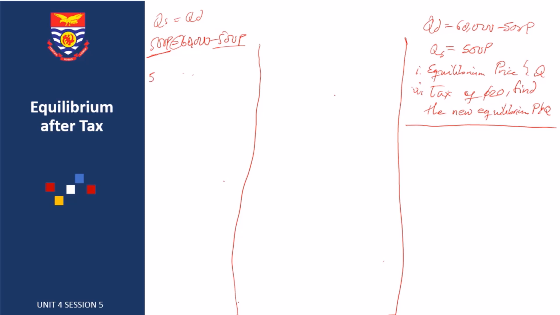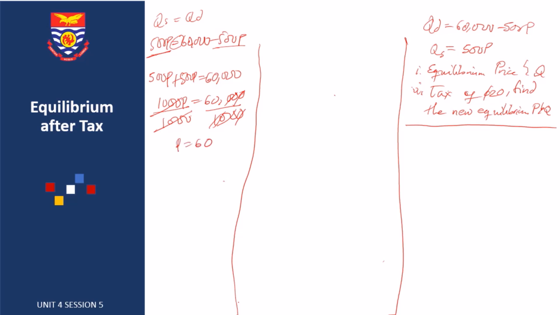So I'll have 500p plus 500p equal to 60,000. This will give me 1000p equal to 60,000. I want to make p the subject, so I have to divide both sides by 1000. Now this 1000 will go into 60,000, 60 times. I'll have p to be 60.